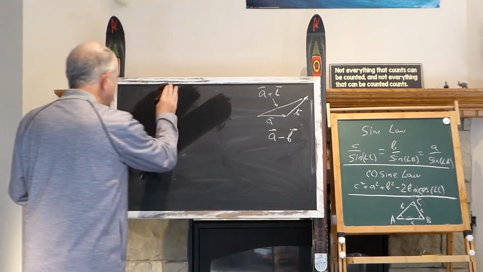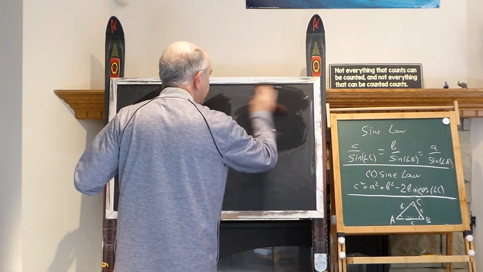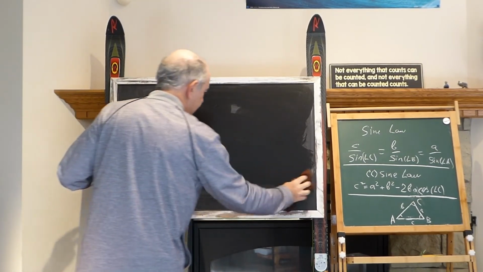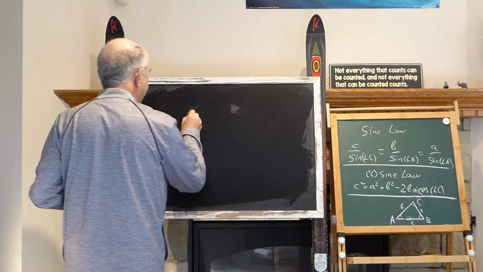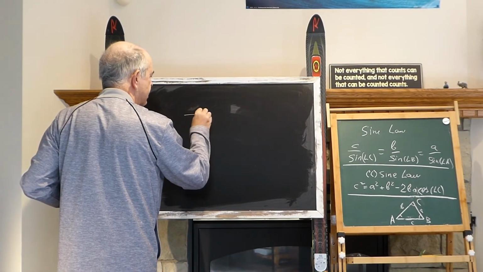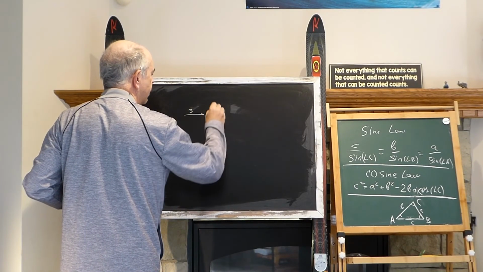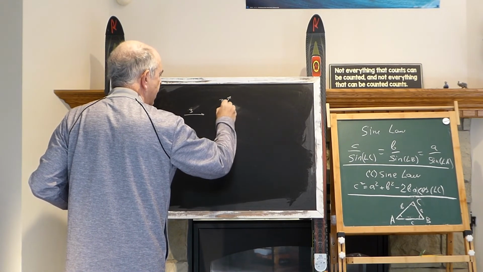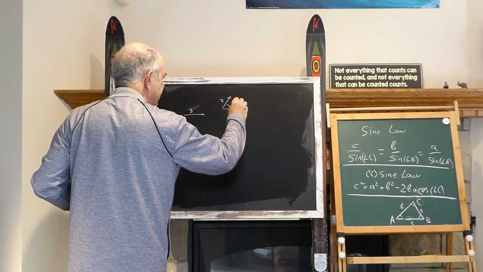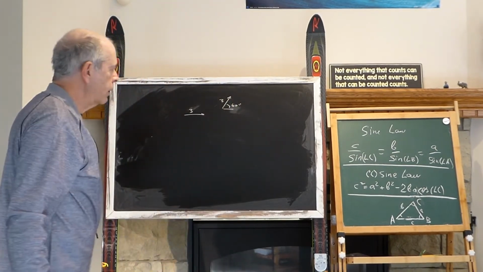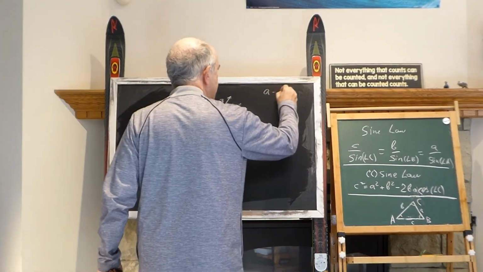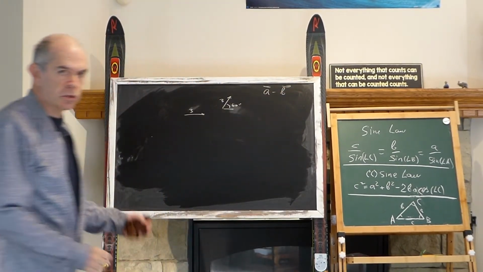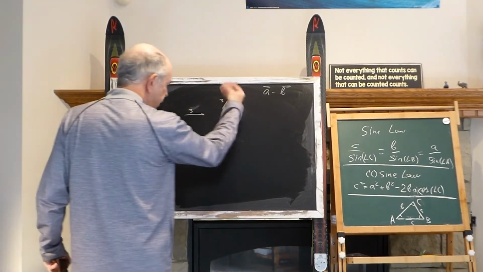Let's go with what they ask in this example, because they gave us a very simple example. They say this vector has length 3. This vector is also 3 in length, and this angle is 60 degrees. And they want us to find A minus B, right? A minus B. So, as I said, flip it.